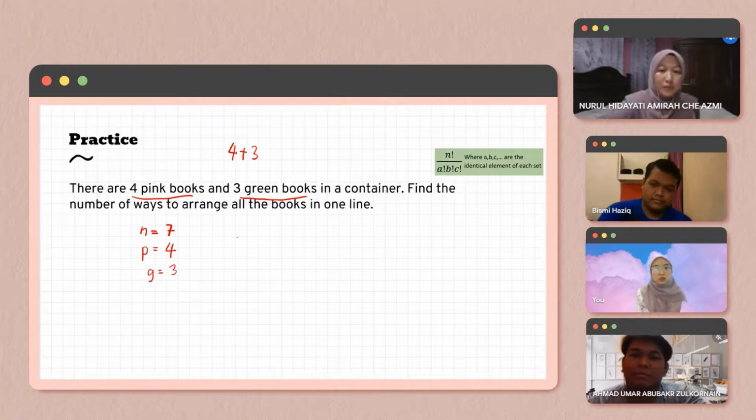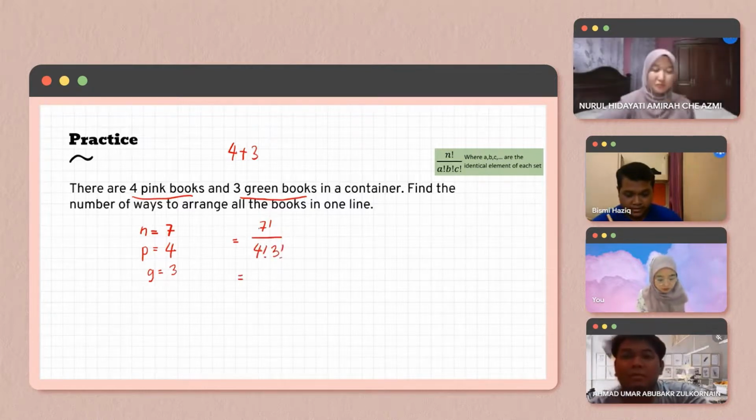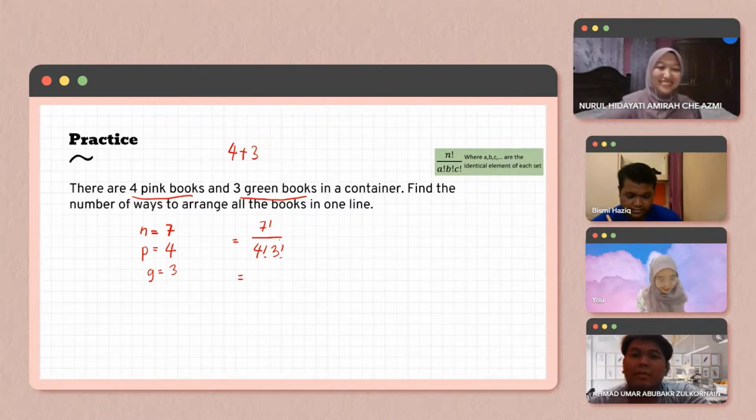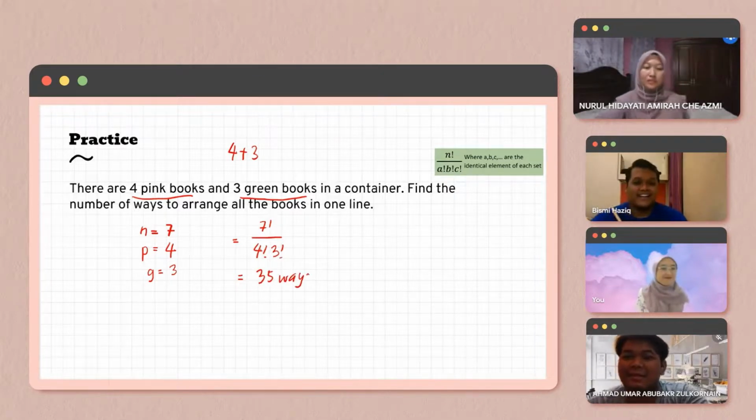So the formula is 7 factorial over 4 factorial times 3 factorial, and we get 35 ways.